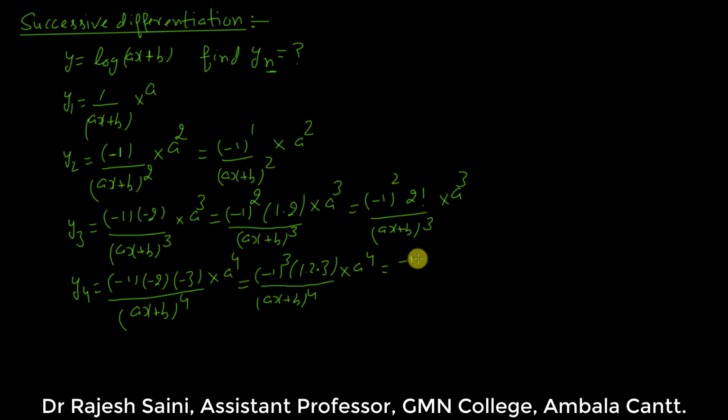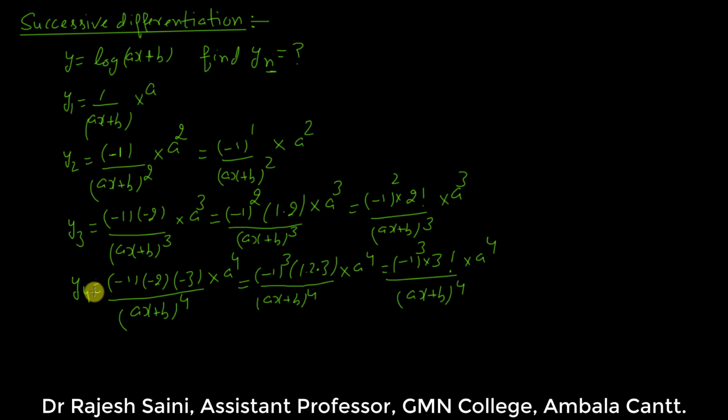This can be written as minus 1 cube into 3 factorial divided by (ax plus b) raised to the power 4 into a to the 4. So this thing is equal to that one.